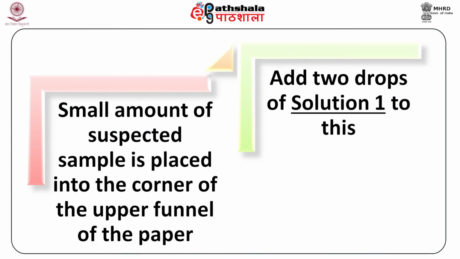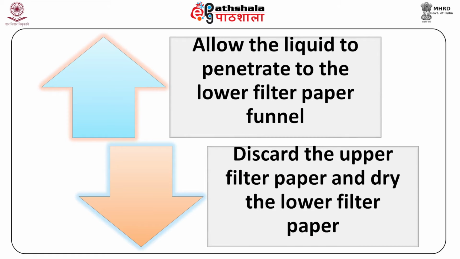Procedure: 2 filter papers are folded to form fluted funnels and kept on each other. A small amount of suspected sample is placed into the corner of the upper funnel of the paper and 2 drops of solution 1 are added. Allow the liquid to penetrate to the lower filter paper funnel.